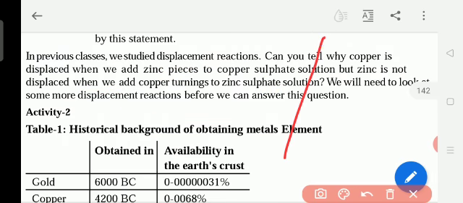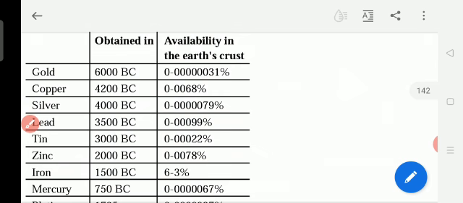Many metals are found in the earth's crust, meaning from under the earth, deep down, and from many ores, that means from mountains and stones, the metals are separated.